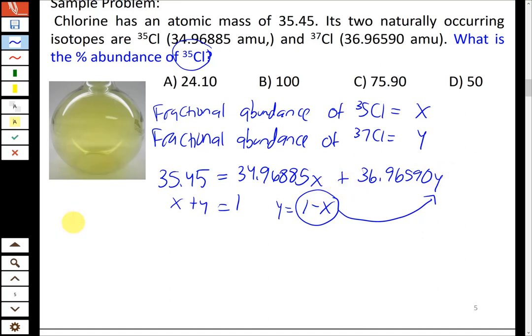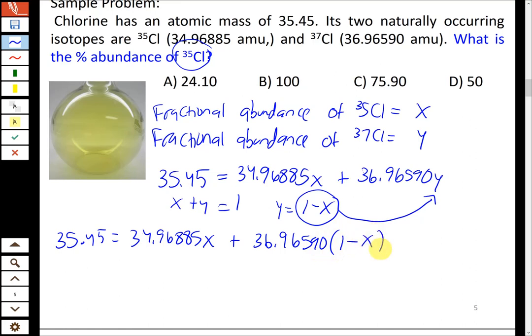So when we write that out with that substitution, atomic mass 35.45 is equal to the isotope mass multiplied by the first abundance, and then the second isotope mass multiplied by the second abundance, which can be written as 1 minus x. And now we just have one equation with x as our only unknown.